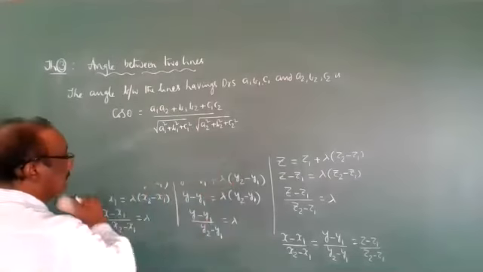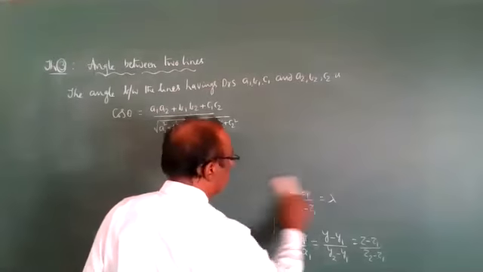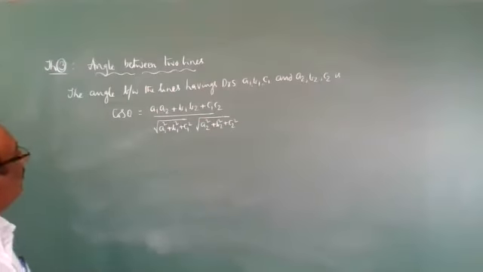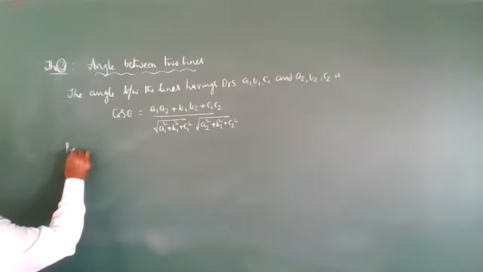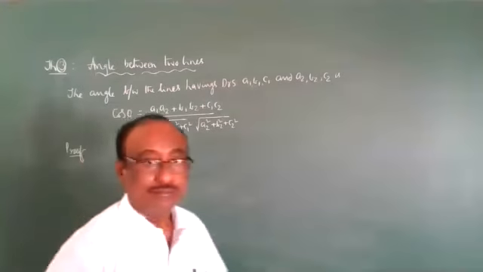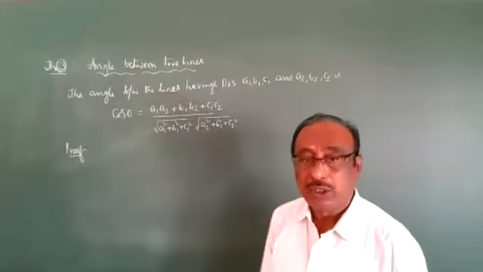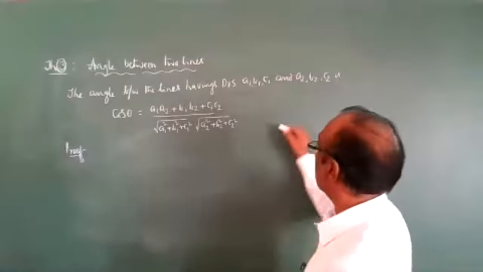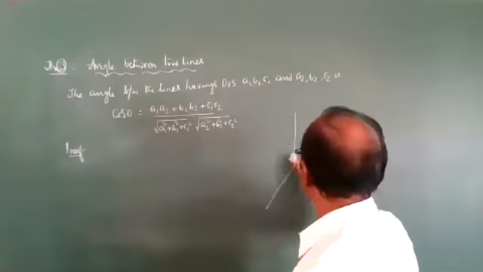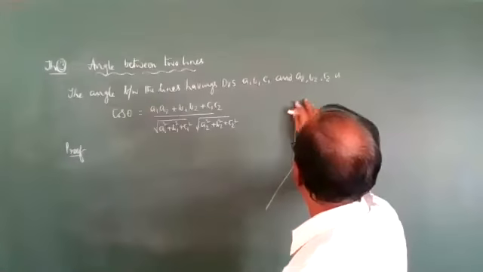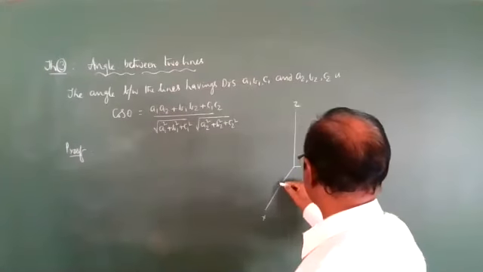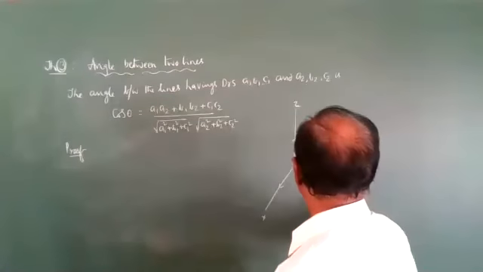Now I go through the proof of the theorem. Everyone observe. First, I am going to create the 3D axes: x axis, y axis and z axis, the 3 directions.